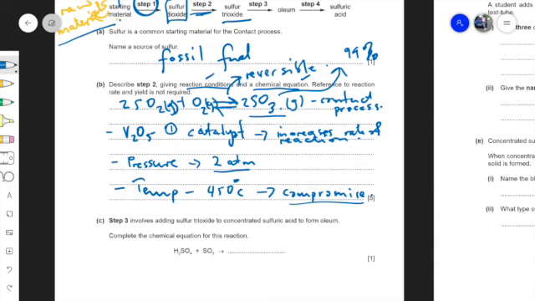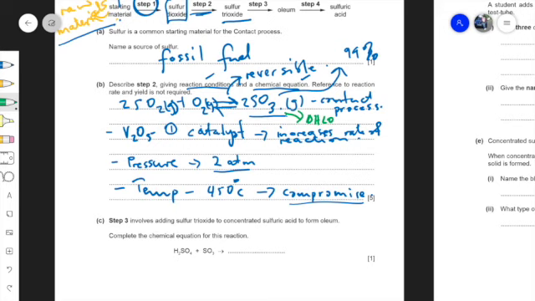This reaction is actually endothermic, right? And because it is endothermic, the yield is going to decrease at a high temperature. And at a low temperature, the rate is going to be too slow, although you're going to have a high yield. So we are actually caught between a rock and a hard place.